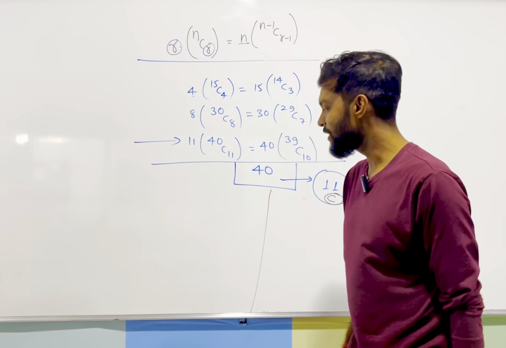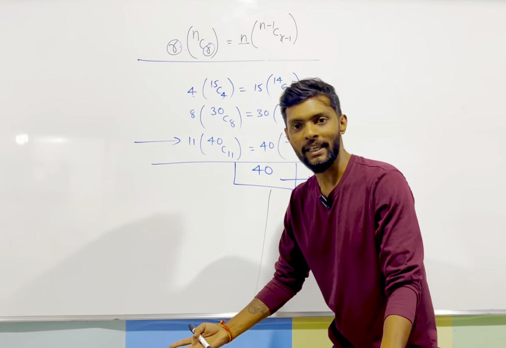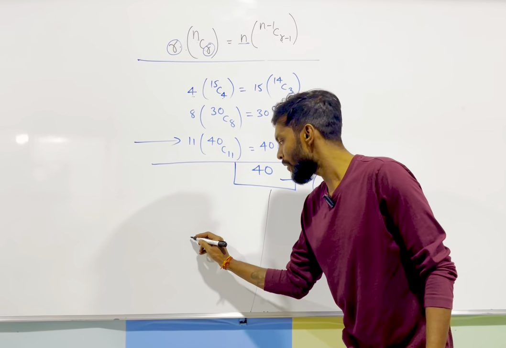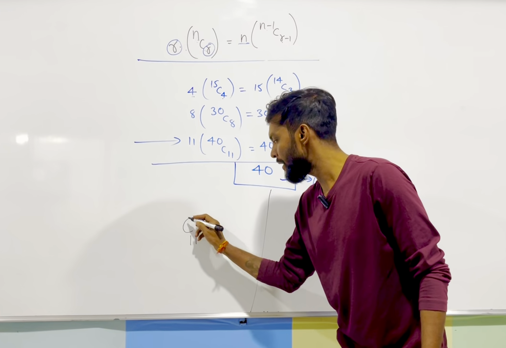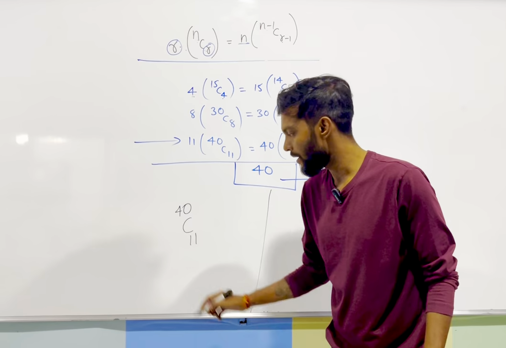Let's do the counting. The task is I have to select 11 players out of 40 players. So the number of ways to select 11 players out of 40 will be 40C11.